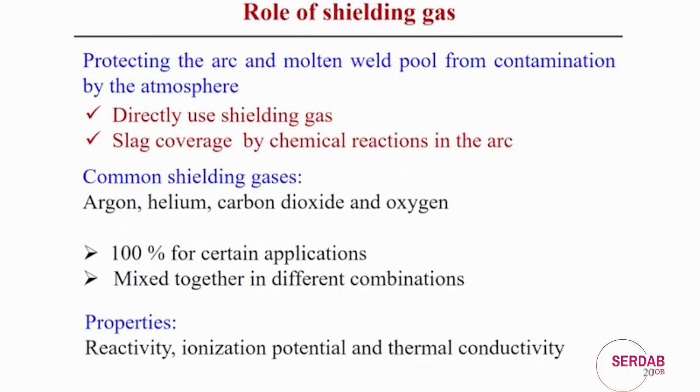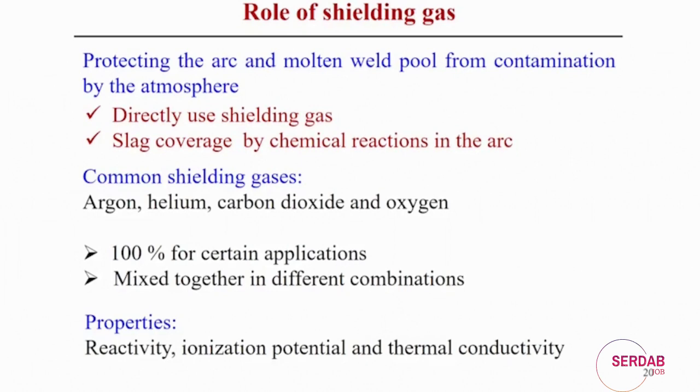If it happens in vacuum, there is no question of contamination of the molten weld pool with the atmosphere. So, in almost every welding process, we can protect the molten pool from the outside atmosphere either by directly using the shielding gas or in a different way.